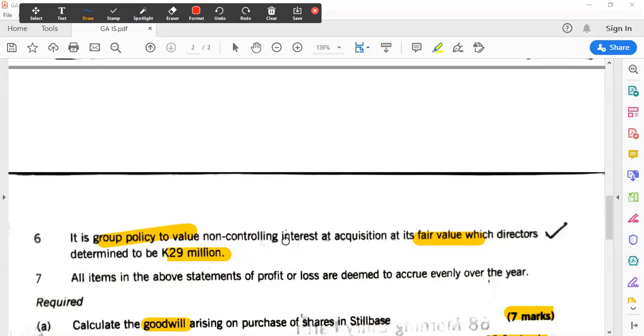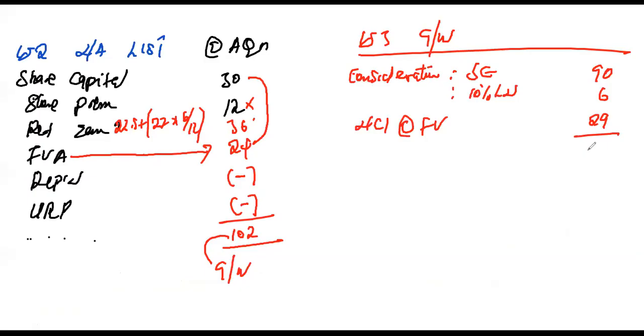So how much is our total? We have 135. No, 125. 125, good. So we have 125. Then from that 125, we remove the net assets at acquisition.